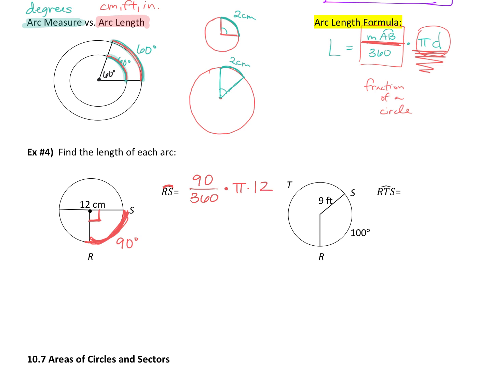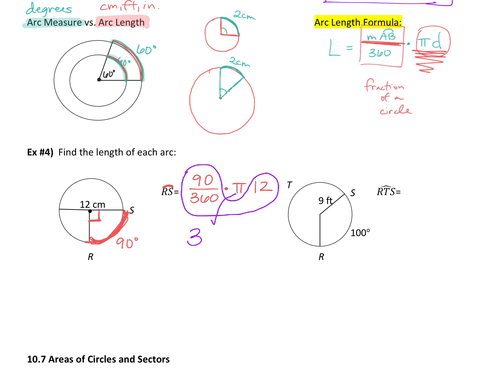You're almost done. Here's all you do. You plug everything into your calculator except for the pi. So plug in 90 divided by 360 times 12, and you should get 3.